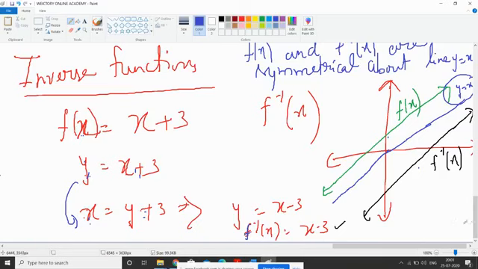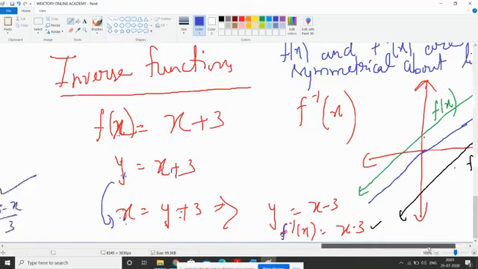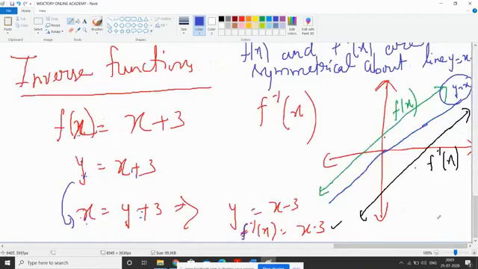One more thing, the inverse is only defined for a one-to-one function. One-to-one means for one value of x there will be one value of y. It's like f(x) is equal to x squared, this is not one-to-one. Why is it not one-to-one?